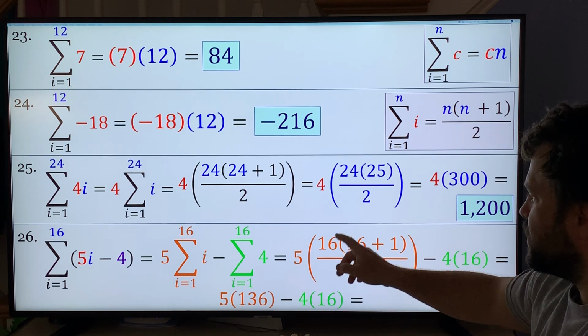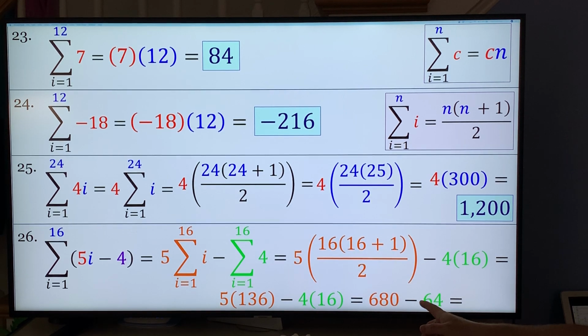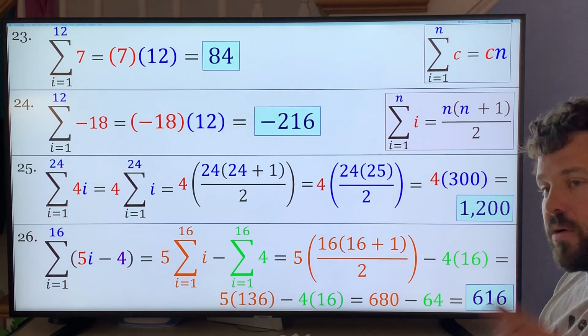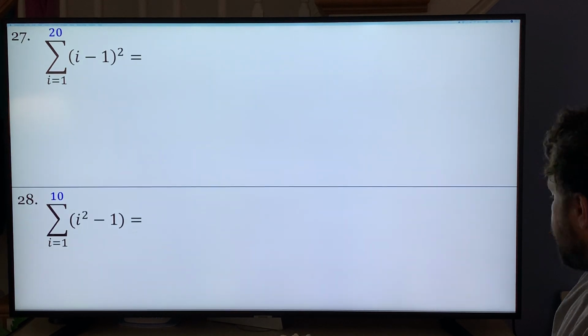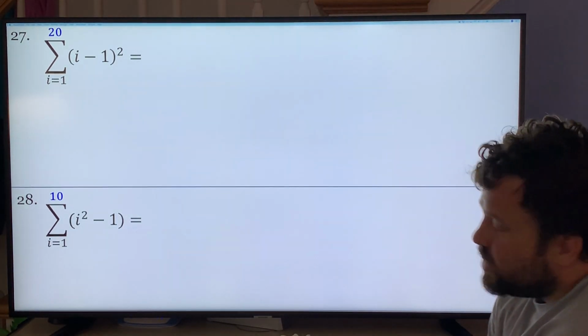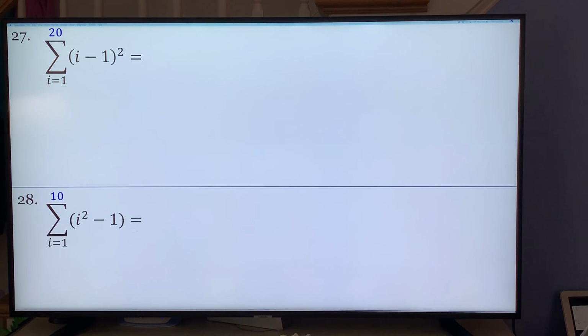This is 136. And you get 680 minus 64, which is 616. Boom! See how quick that was? Awesome. Let's go to the next one. Why don't you guys attempt these two? A little more difficult, but you should be okay.